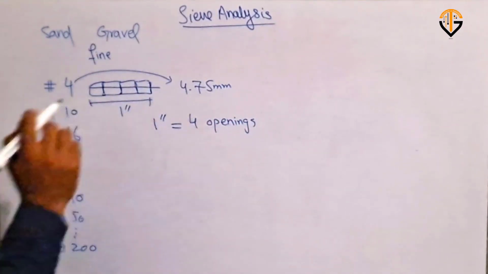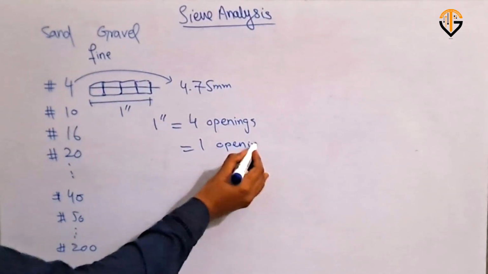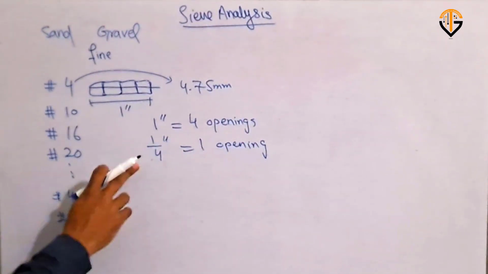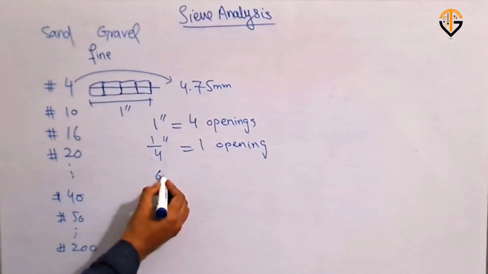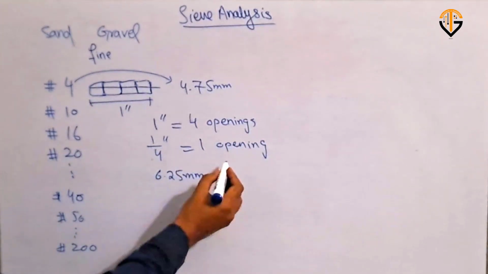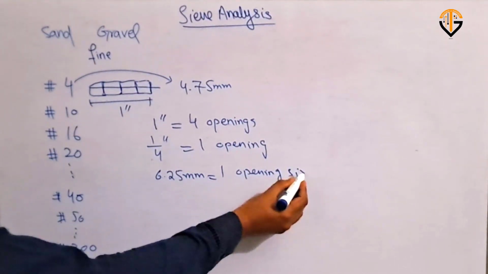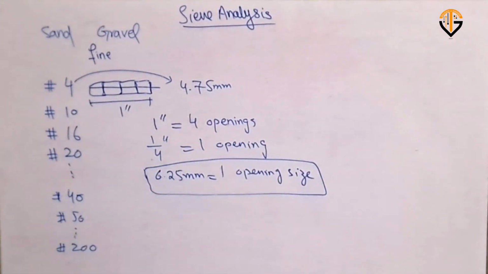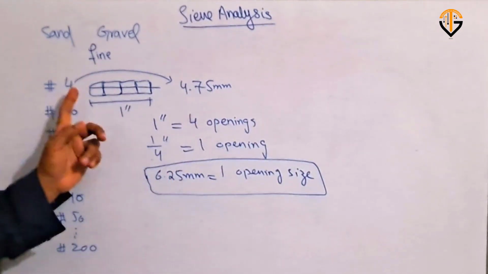The size of one opening will be 1/4 inch, and converted into millimeter, it comes out to be 6.25 mm. So the size of one opening is 6.25 mm, but in actual the size of clear opening is 4.75 mm for sieve number 4.